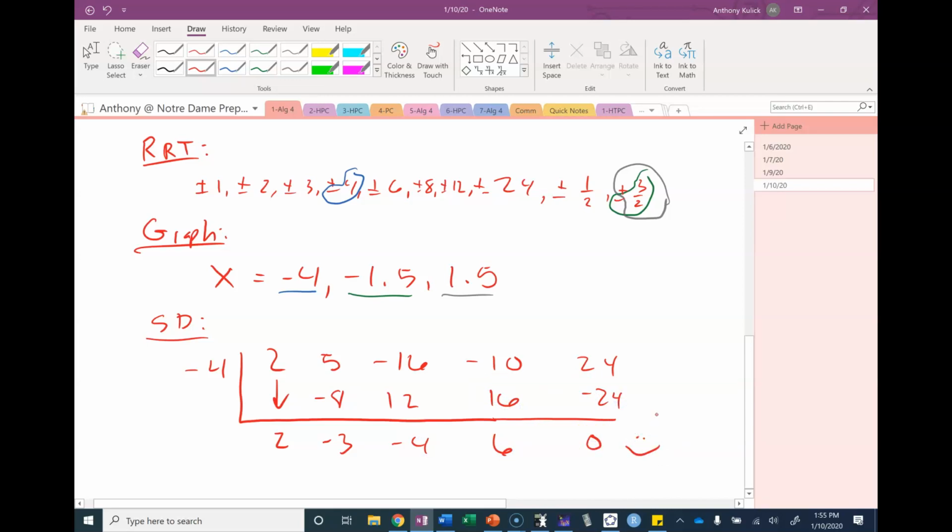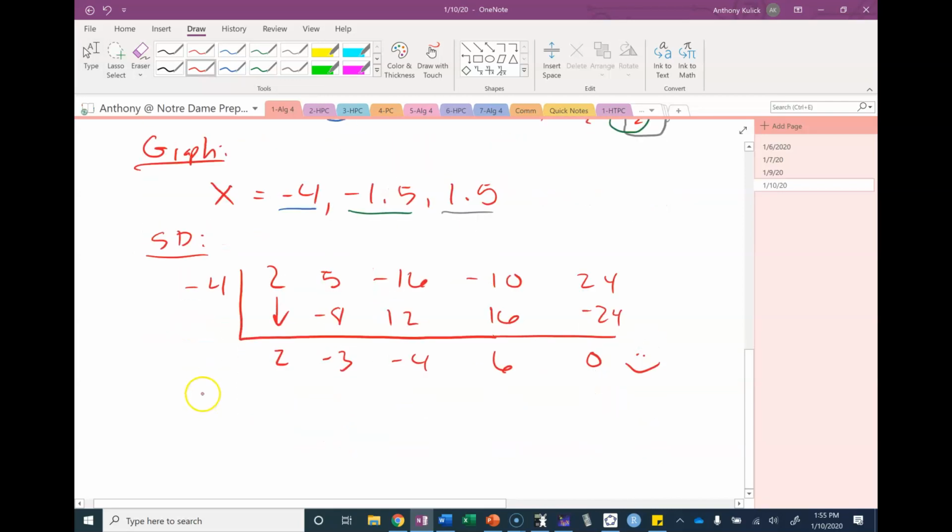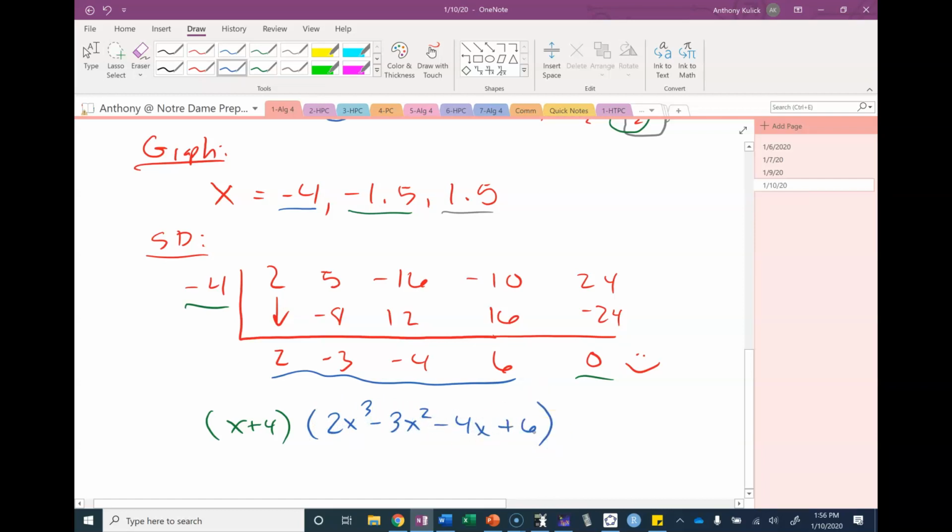So that worked. What that tells me is that because -4 gives me a remainder of 0, x plus 4 is a factor, and my other factor can come from this stuff. That's going to be 2x cubed minus 3x squared minus 4x plus 6.